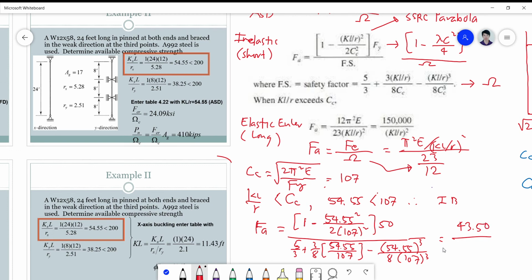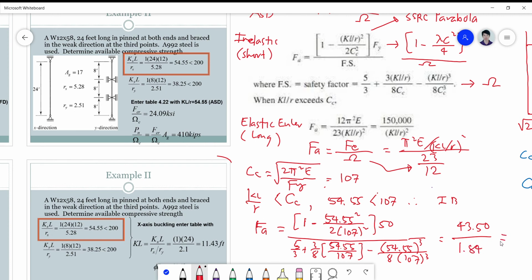For the denominator, we take 54.55 over 107 times 3 over 8, then add 5 over 3, so we get 1.84 here.